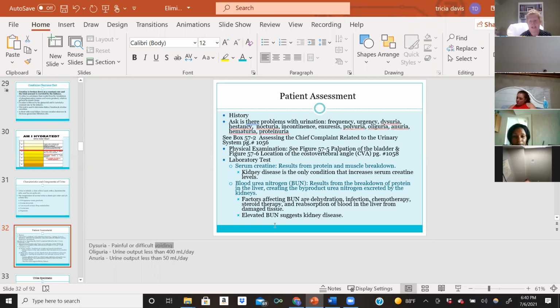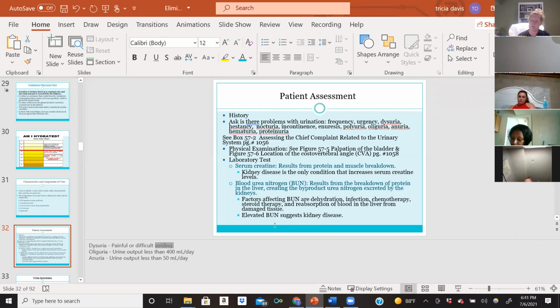So factors that affect our BUN. Dehydration, if there's any type of infection, certain antibiotics can affect our creatinine sometimes. Chemotherapy, some of our chemotherapies are extremely hard on our patients' kidneys. So what we have to do is before they get chemo, we have to pump them full of fluids to try and protect their kidneys from the chemo.